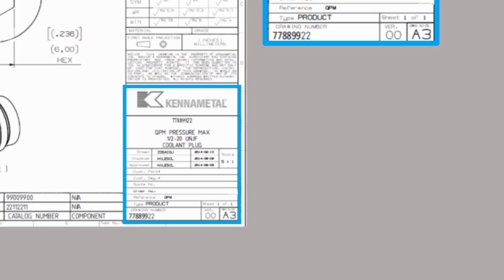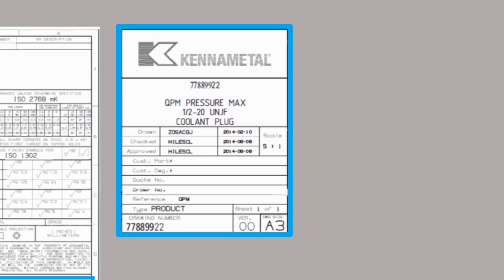In this case, this blueprint was submitted to us by a company named Kennametal, and they are known internationally for machining solutions and manufacturing of cutting tools for various industries, from aerospace to automotive to die and mold and many others. So one of the first most important input fields for them is going to be the drawing number.